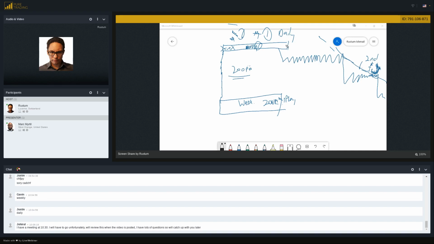You're convinced that you've got a 200 pip distance and you would like to try and get some of that before it gets down to there. And how we do this section is going to be on the H4. We're going to identify the trends on the H4. So when you saw a trend line break happening, that was your first opportunity. You're now going to wait for a break and then a retest.